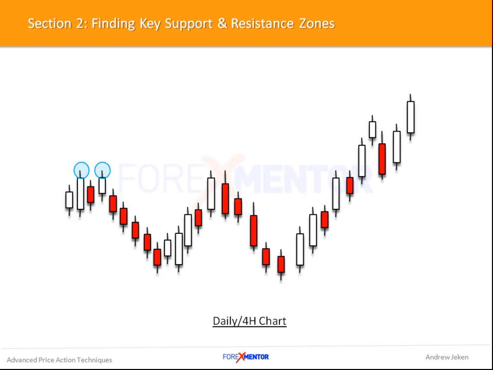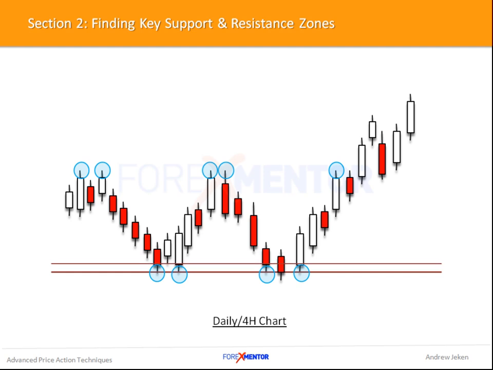Here again, look at the wicks and the bodies. If we start putting some horizontal lines across our chart, you can see it starts to make a lot more sense. In this example we have a double bottom in place, and here again, we're looking at wicks and bodies.